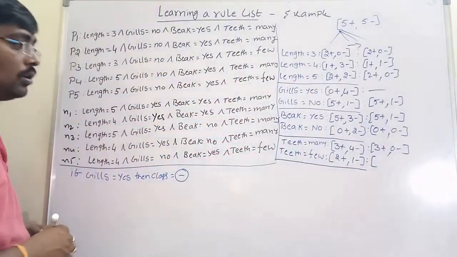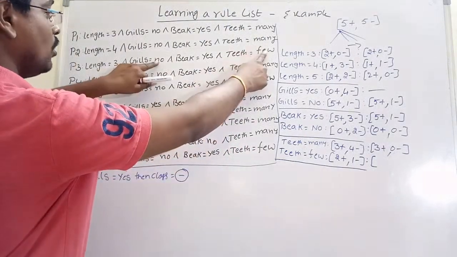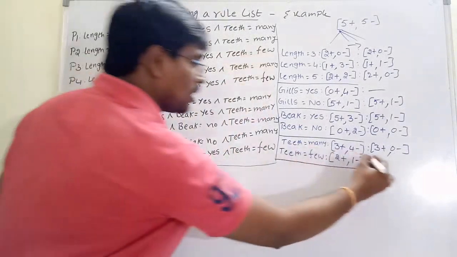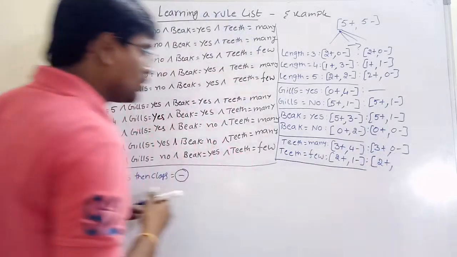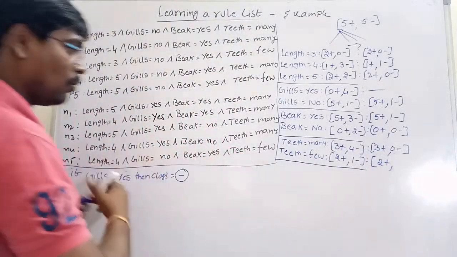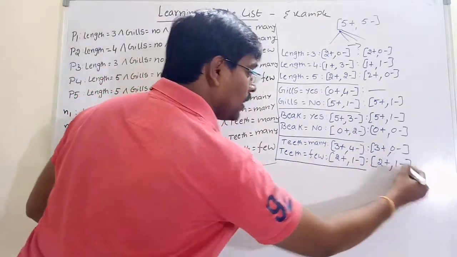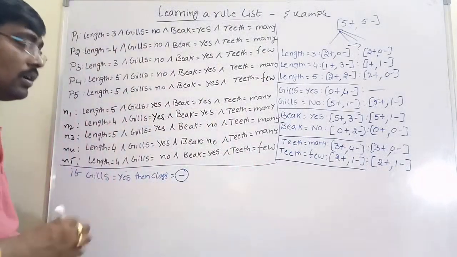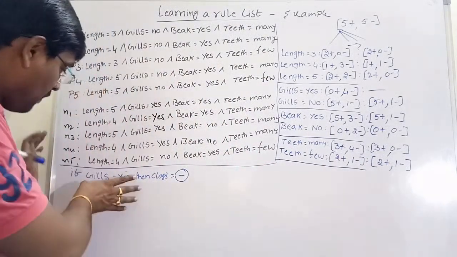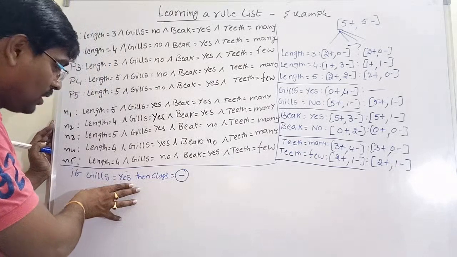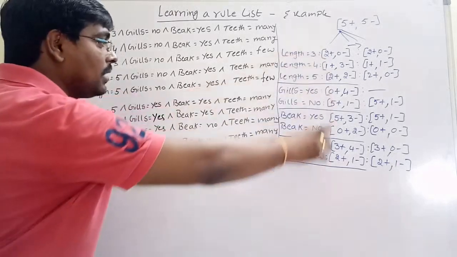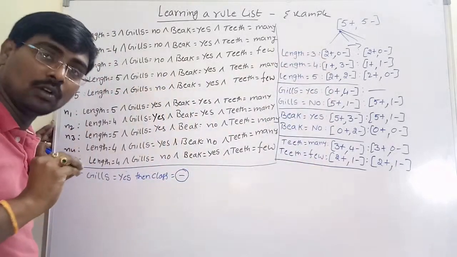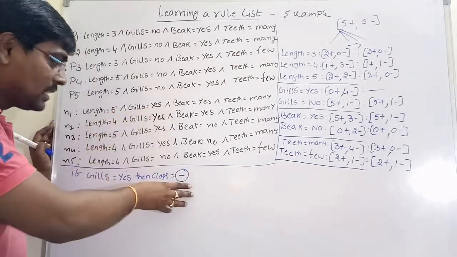Finally, teeth is equal to few. Few no: these 2 positives are included. Few no: one negative is also included. That is what I am doing. First my rule is gills is equal to yes. Whenever gills is equal to yes, that class is negative.